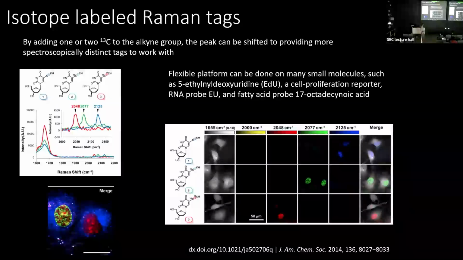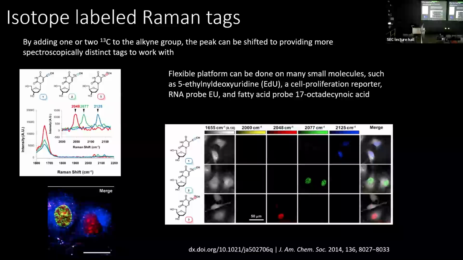So then we can play with that other parameter, the mass, right? We have different isotopes of atoms. And so we can have 2 carbon-12 atoms in a C triple bond, we can have 1 carbon-13 and 1 carbon-12, or 2 carbon-13s. And now we have 3 different labels.